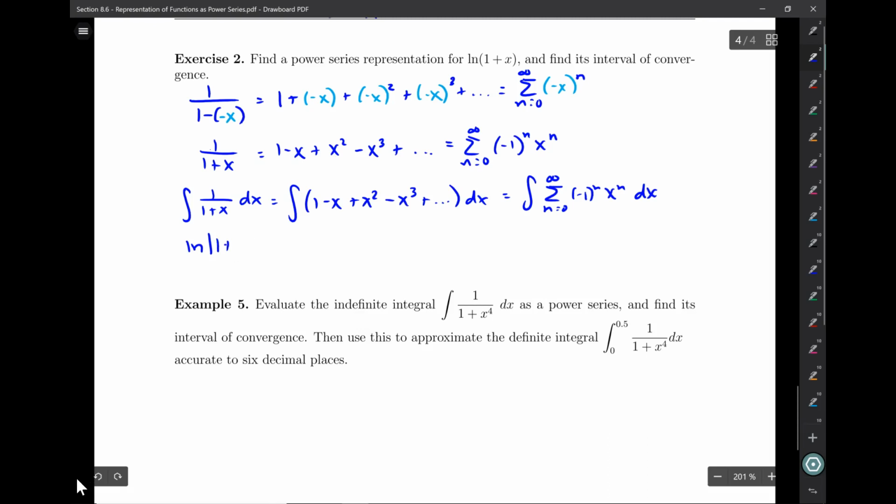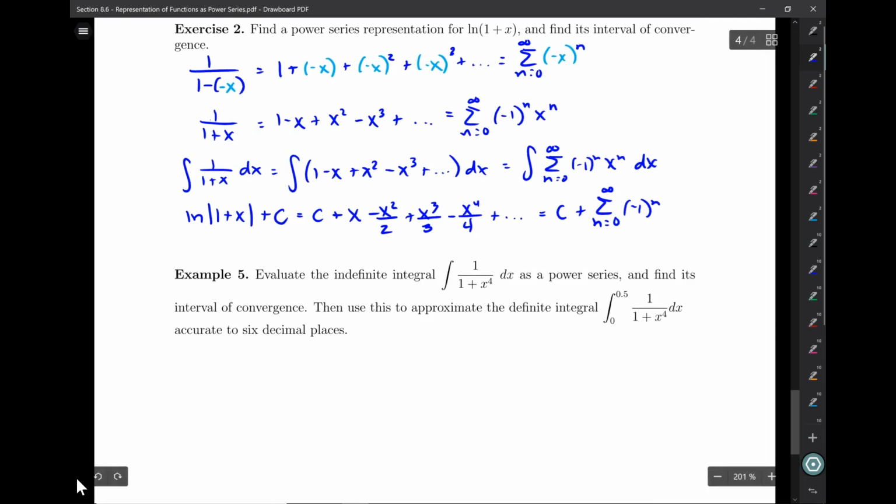So it'd be the natural log of the absolute value of 1 plus x plus some constant, plus the antiderivative of 1, which is x, minus x squared over 2, plus x cubed over 3, minus x to the 4th over 4, so we're just integrating term by term, equals the constant, plus now it's going to be the series. -1 to the n is just a constant in terms of the integral, because I'm integrating with respect to x, and then there'd be x to the n plus 1 divided by n plus 1.